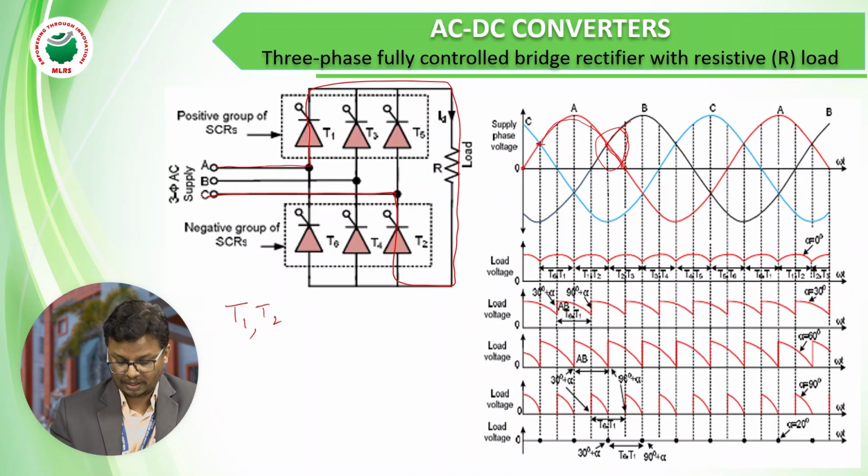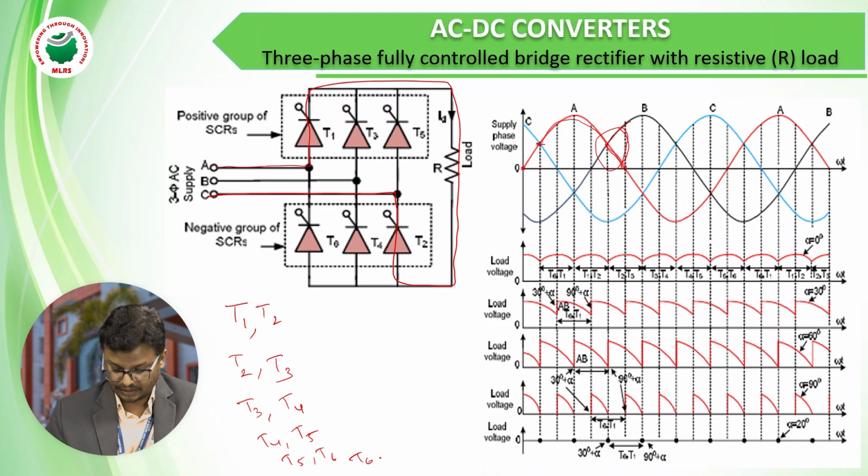After that, T1 will be turned off, so T2 and T3 will be in the conduction period. After that, T3 and T4, T4 and T5, T5 and T6, and lastly T6 and T1. So this is the pair of switches which start conduction for a time period.